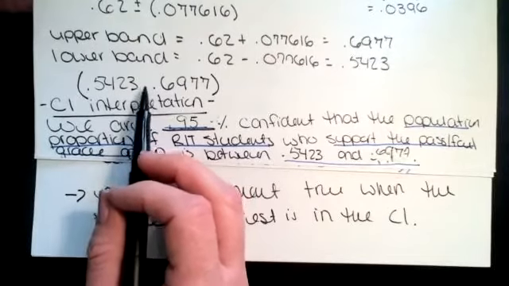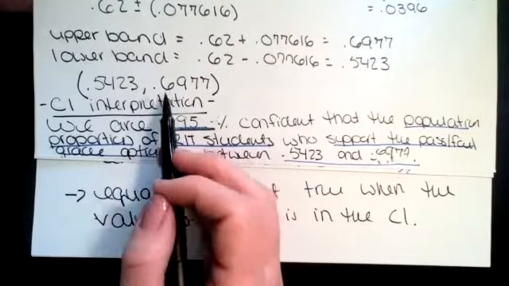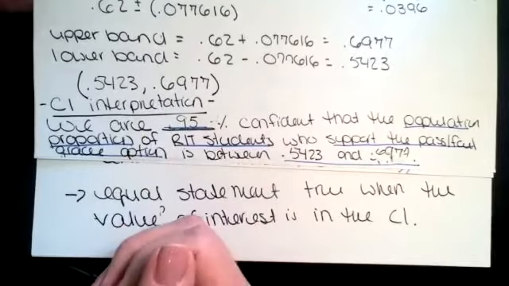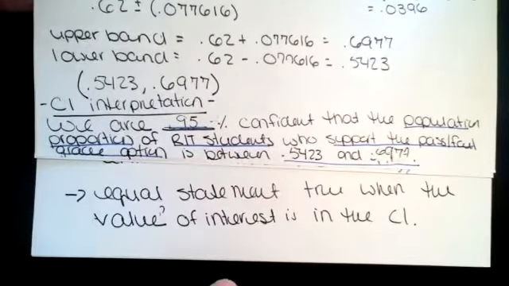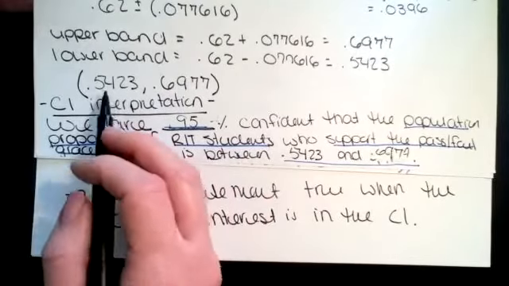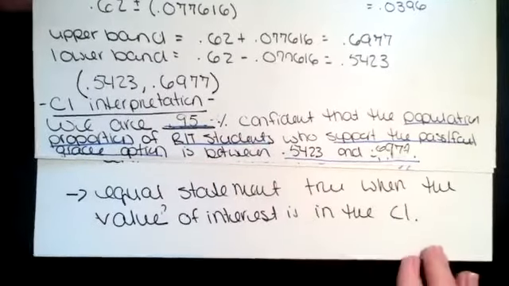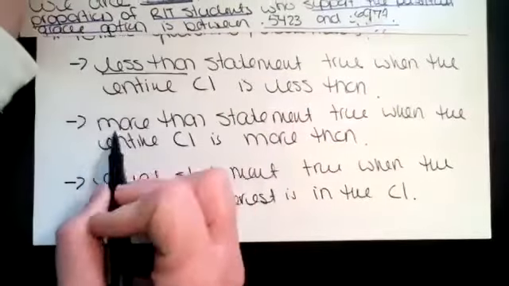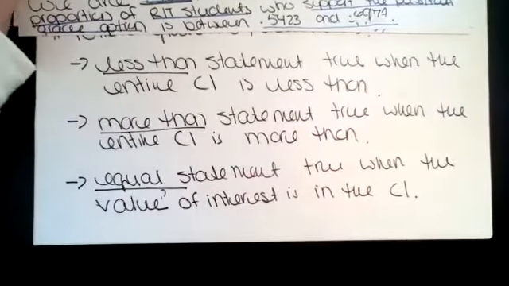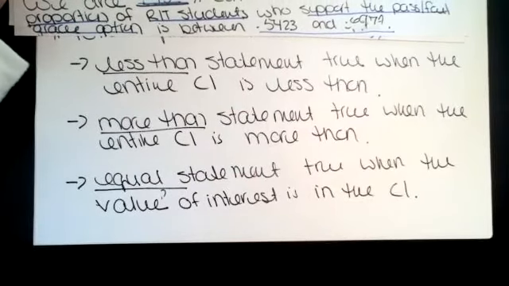That's true. 60% is in my CI. I could say that all the way up to 69.7 and all the way down to 54.2, right? Or 3, I should say. I don't want to go outside of that for that to be true. So that's an equal statement. So I have different statements, a less than, more than, and equal to statements. Those are like my follow-up statements, guys.